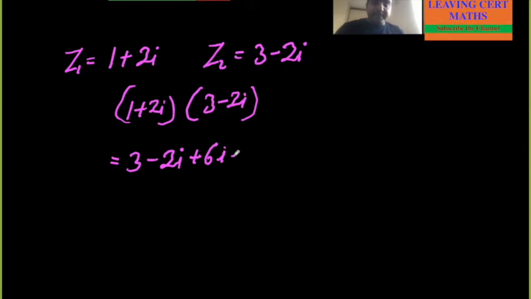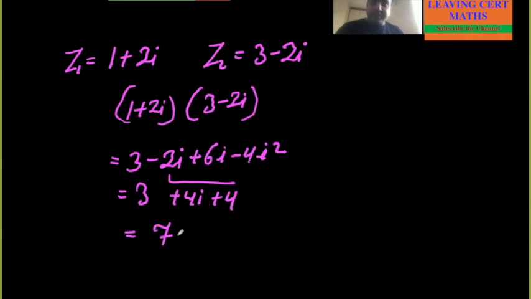Minus 4i squared, and then minus 4 times minus 1 is 4. So it is actually plus 4, right? So you will get 7 plus 4i, right?